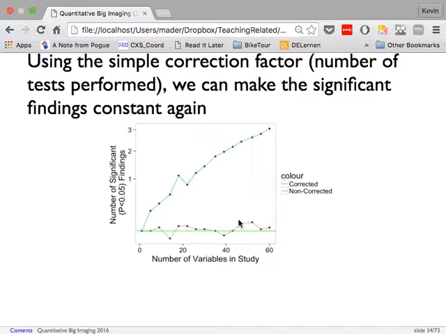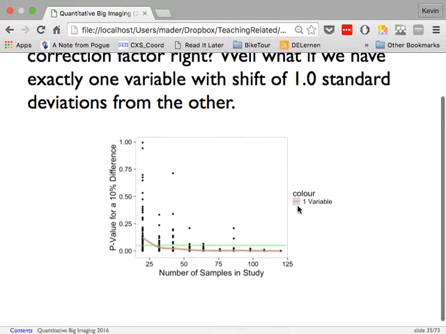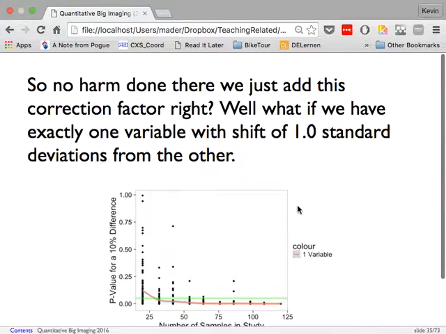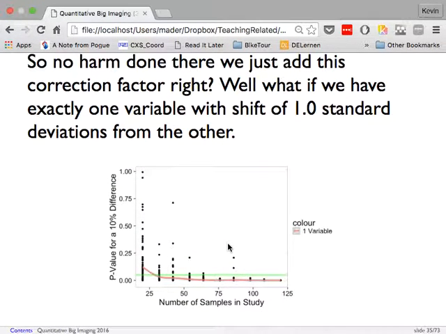And so that's really the important factor here. And these other 2 graphs just kind of show that further. And so you can then see the p-value for a 10% difference. This is where you have 2 random data sets that are 10% different.